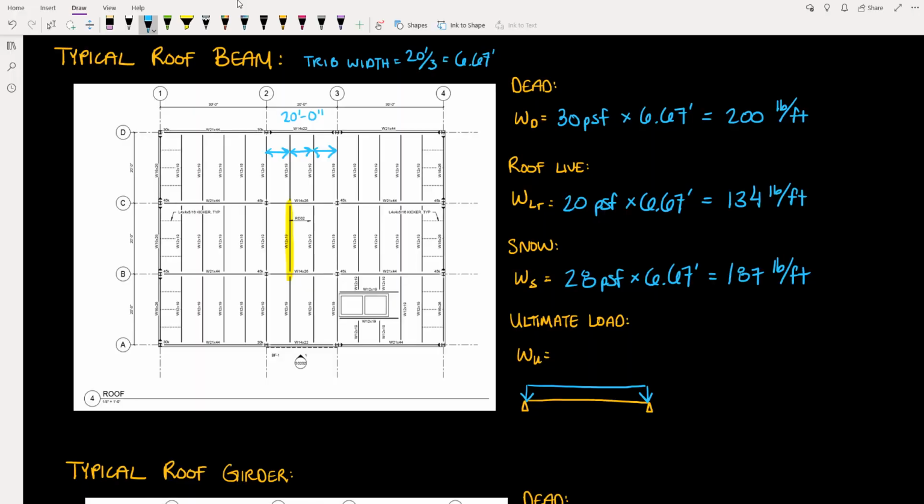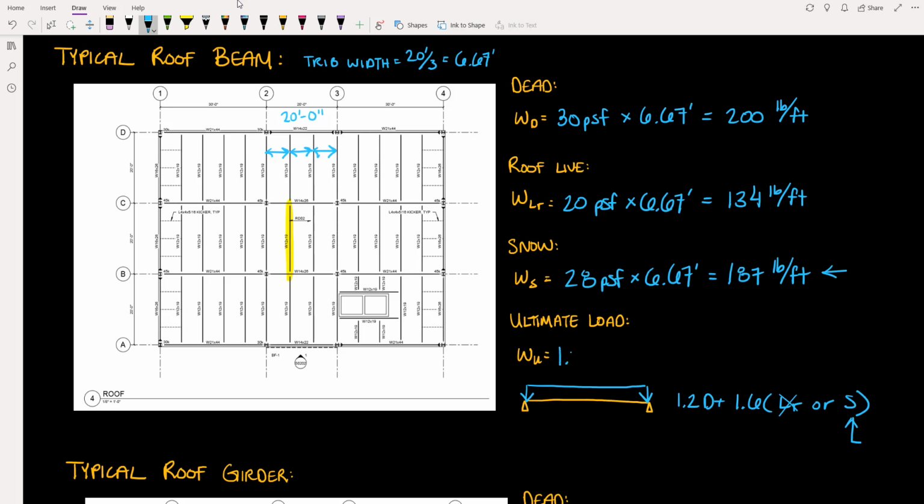So our ultimate load combination will be 1.2 dead plus 1.6 roof live or snow. Of course, in Boston, our snow load ended up controlling over our 20 pounds per square foot code minimum roof live load. And so we will use snow in our load combination and leave out the roof live load.